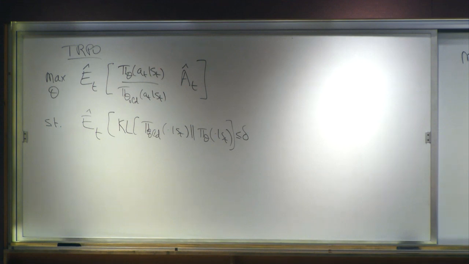But then we have a Lagrange multiplier beta, and then again, the same thing we have on the left.